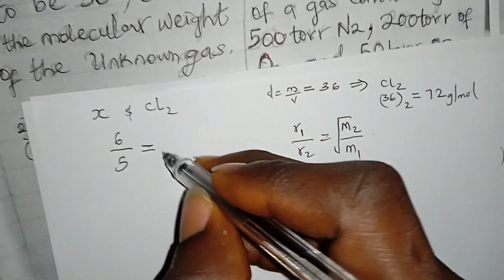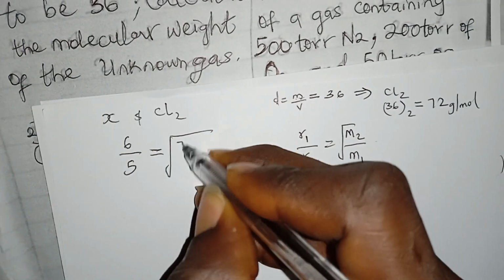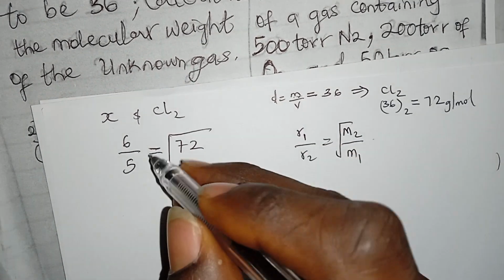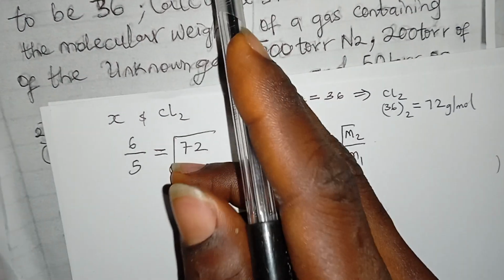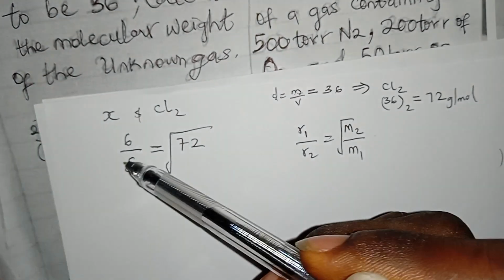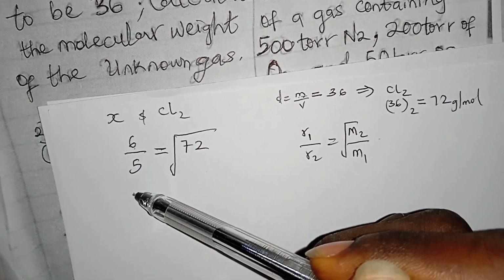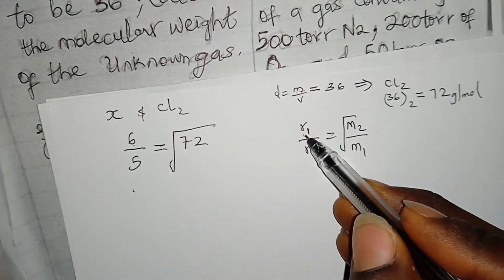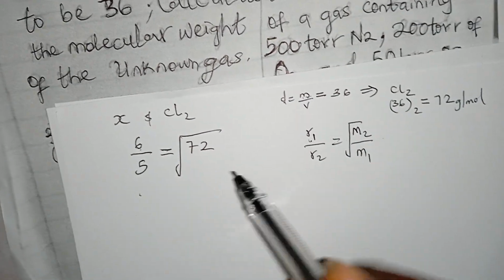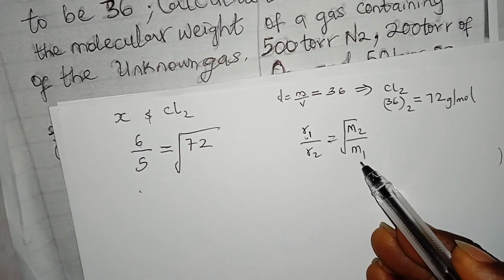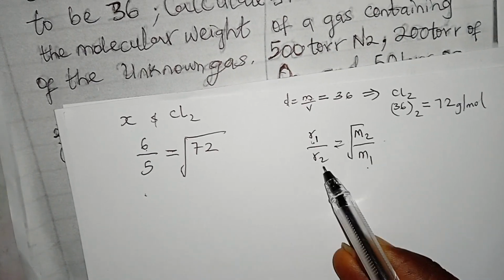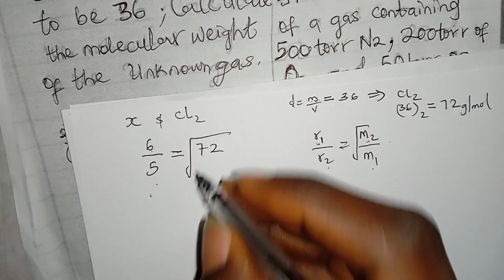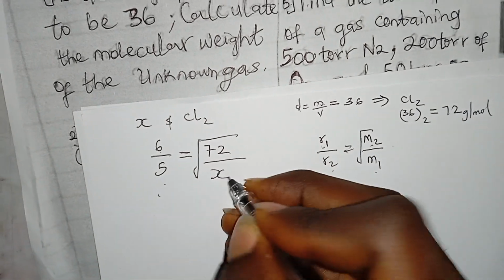An unknown gas and chlorine are in the ratio of 6 is to 5. So the unknown gas is R1, carrying M1, and R2 for chlorine is 5, carrying M2. So let's call this X.